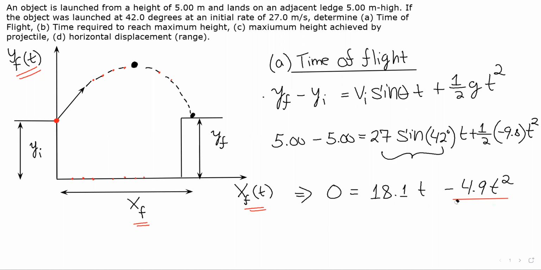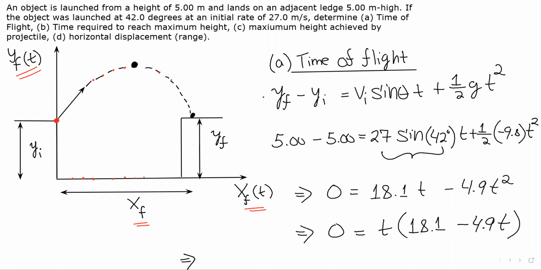But all quadratic equations should have 2 solutions. So what you should do is factor out a greatest common factor of t. So you get 18.1 minus 4.9t. Again, don't just divide both sides by t at this point.